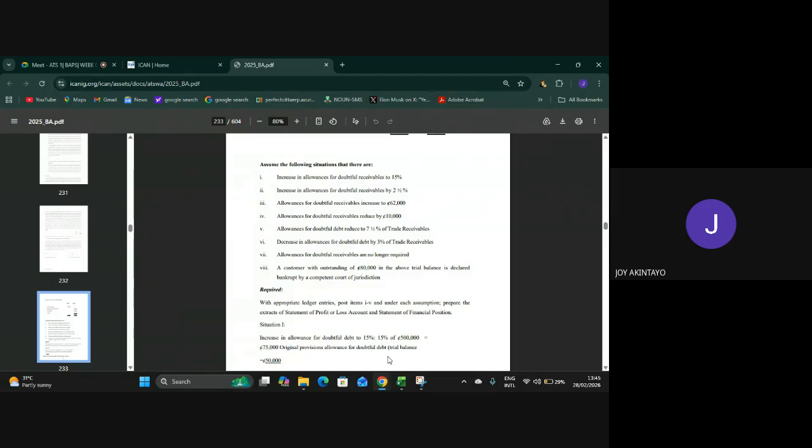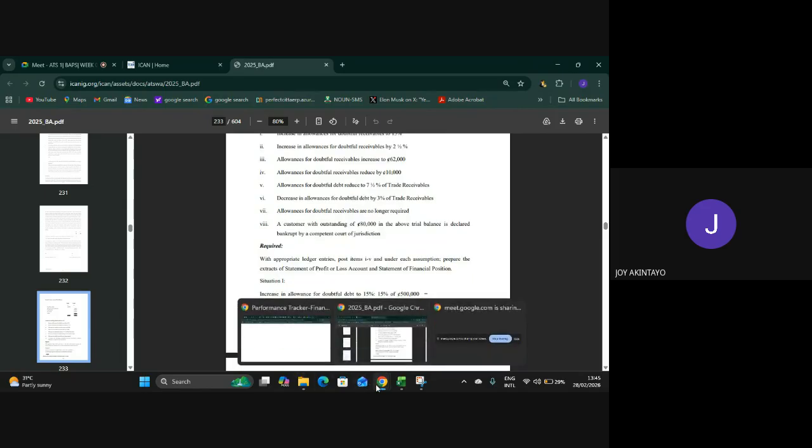When a customer is declared bankrupt, how do we go about it? It means we can't get that 80,000 cedis again. That's bad debts. So what we need to do is what?